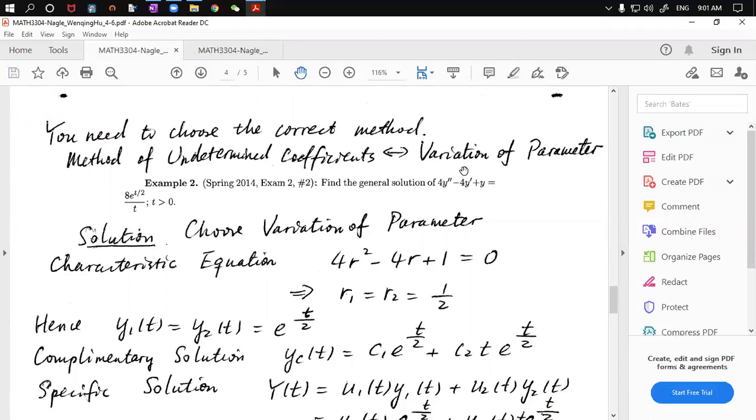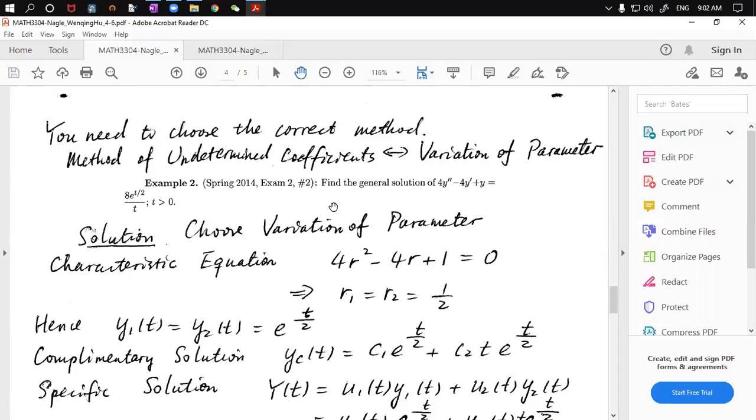If the right-hand side has a quite standard shape, for example cosine, exponential, or polynomial, or a mixture of them, then you can probably use the method of undetermined coefficients. Otherwise, variation of parameters is a more dominant method that can be applied no matter what your right-hand side looks like.